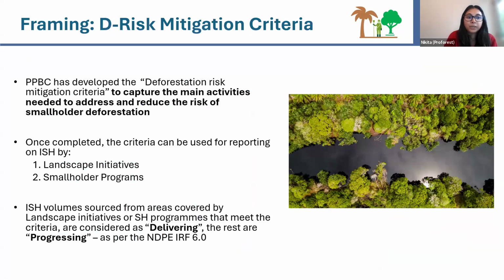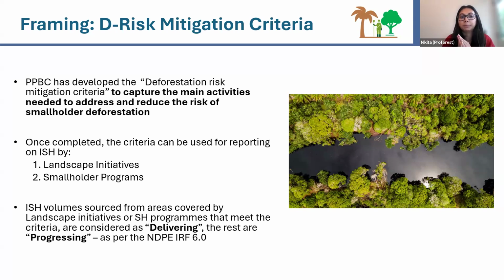The purpose of this approach is to capture the main activities that are needed to address and reduce the risk of deforestation from independent smallholders. The criteria can be used for reporting on independent smallholders in two ways: landscape initiatives and smallholder programs.